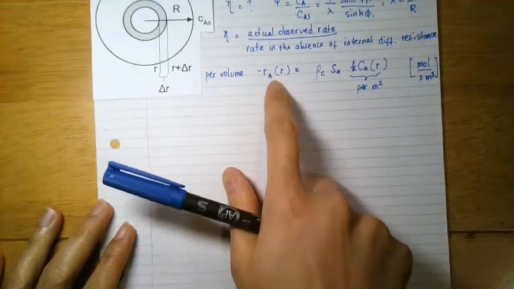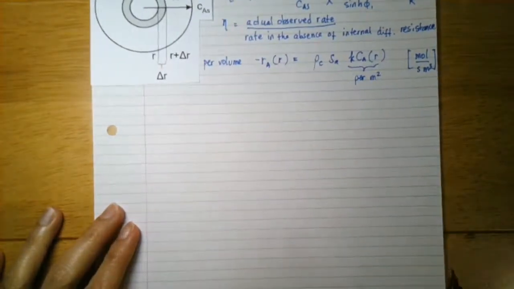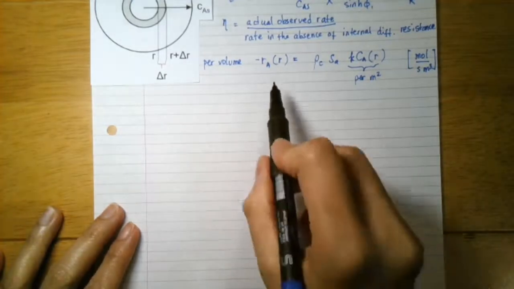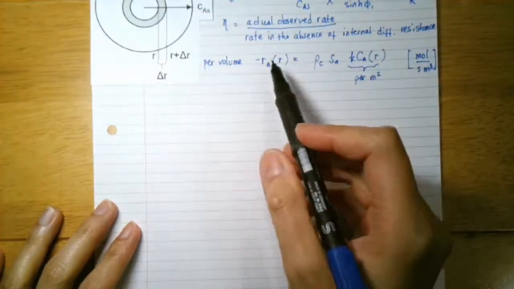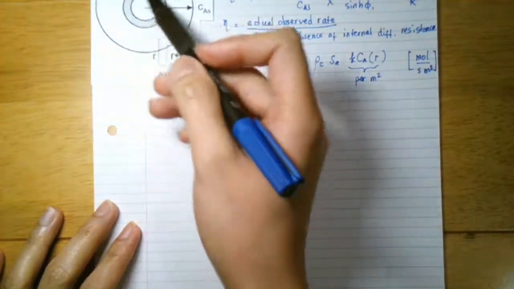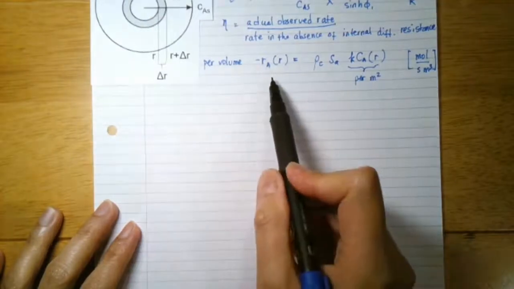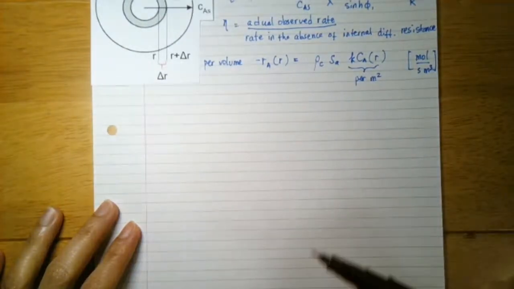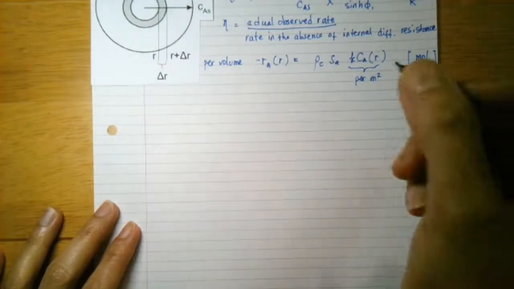From this, we can derive the total reaction rate. This is the rate at every point R inside the catalyst. If we multiply this, which is per volume, by the volume of the control volume, and then integrate over all R, that gives us the overall or total rate.